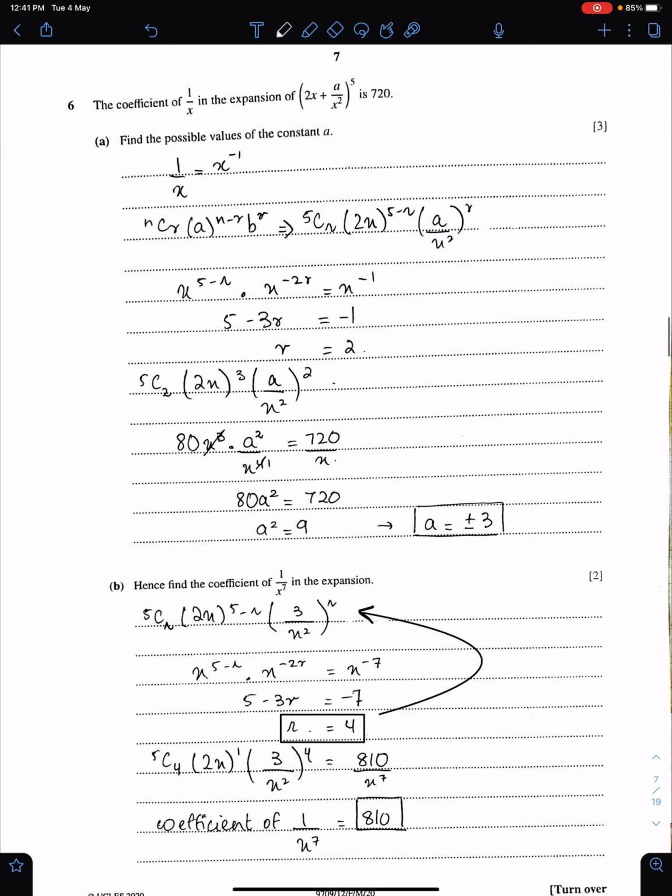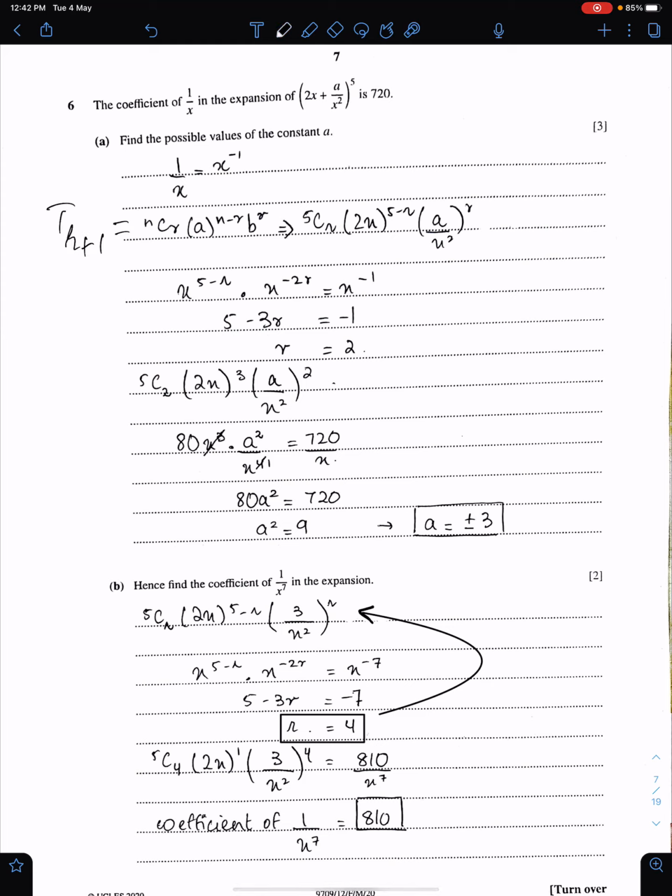Next question. This is question number 6. The coefficient of 1 upon x in the expansion of this is 720. You have two methods to solve this question. You can either expand this expansion, or you can use the T R plus 1 formula.